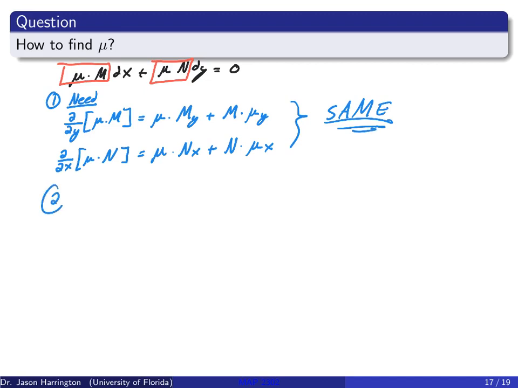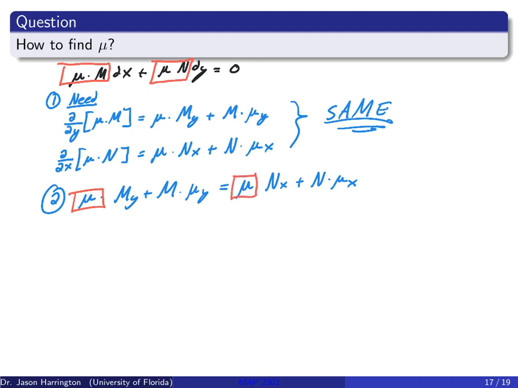So 2, I'm going to set up this equation. I'm going to have mu times M sub y plus M times mu sub y is equal to mu times N sub x plus N times mu sub x. And what I'm going to do is put all of my mu's to one side.